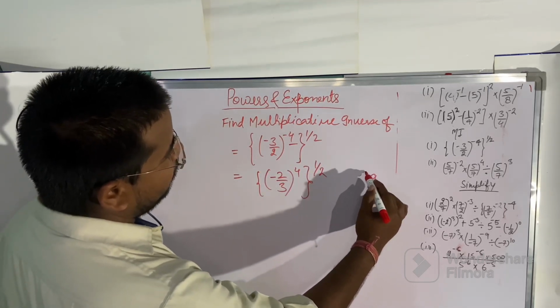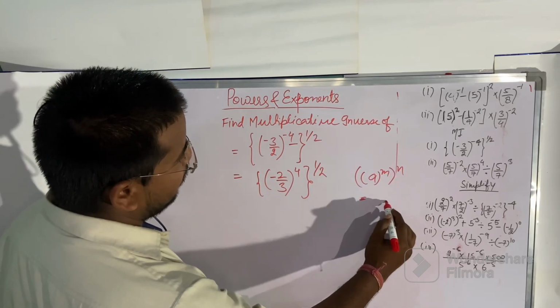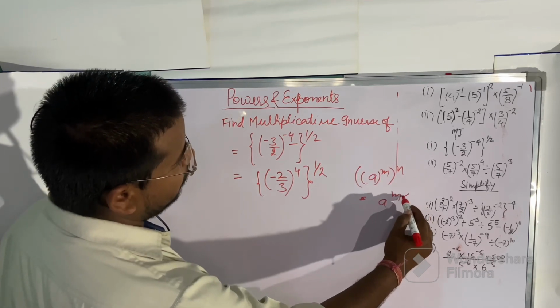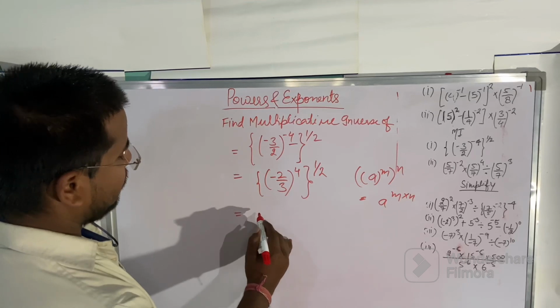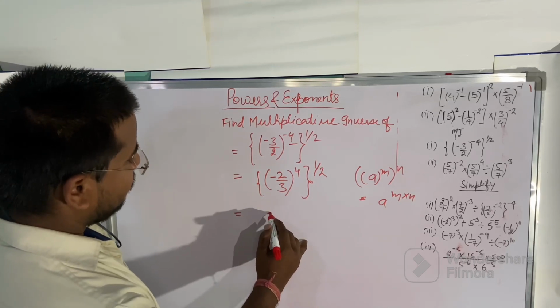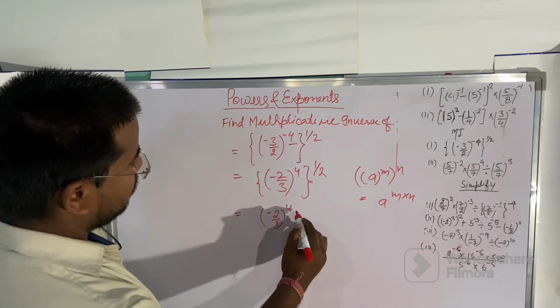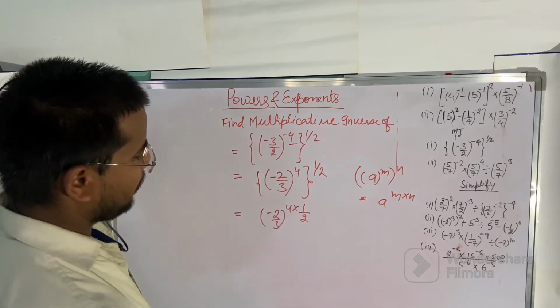When there is a power to the power, we multiply those powers, that means a to the power m to the power n is a to the power m multiply by n. Similarly here, -2 by 3 to the power 4, and its power is 1 by 2, so it becomes 4 multiply 1 by 2.